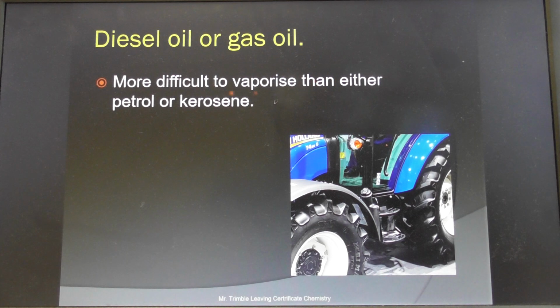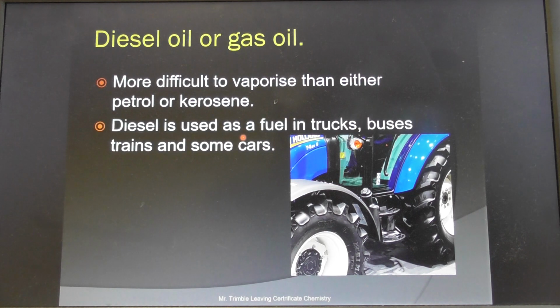Diesel or gas oil. It's more difficult to vaporize than petrol or kerosene, so it's a heavier fuel, used in large machinery like agricultural vehicles or buses. It's used in cars now. I think that's starting to decrease again, but for a long time diesel cars were promoted as a useful alternative to petrol engines, producing less nitric oxides.